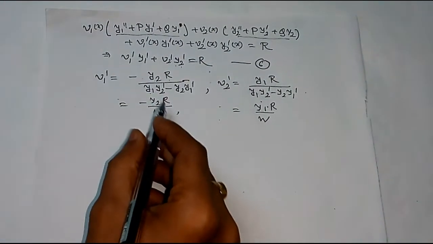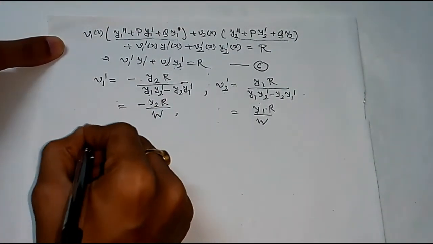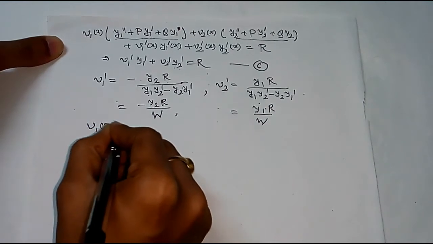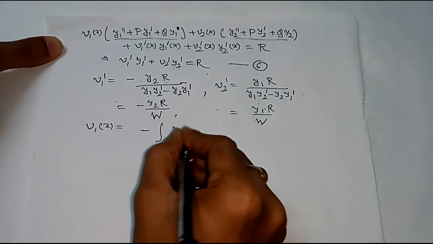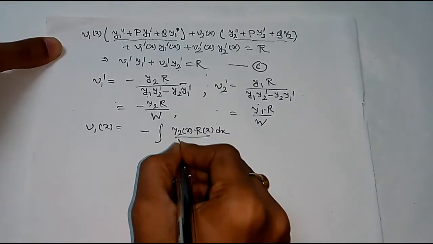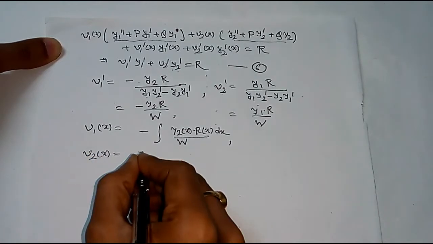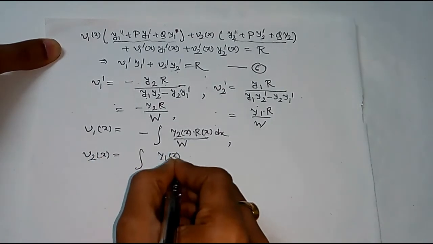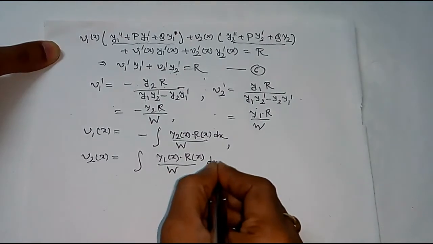So all the terms on the right hand side are known, and we can easily integrate to find v1(x) equal to minus the integral of y2(x) r(x) dx by W, and v2(x) equal to the integral of y1(x) r(x) by W dx.